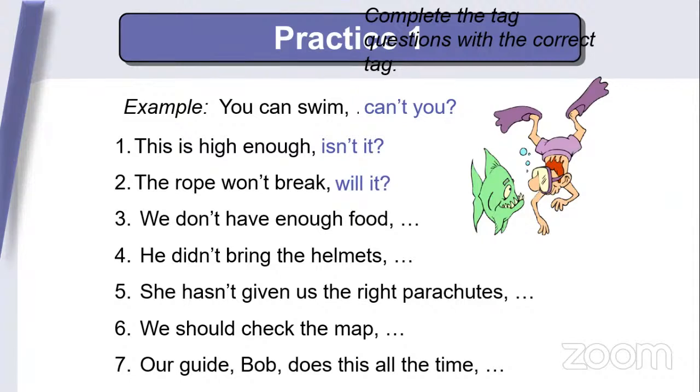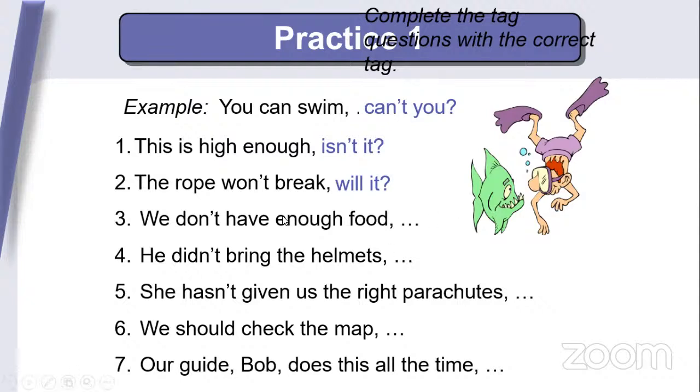We don't have enough food, do we? Not really.